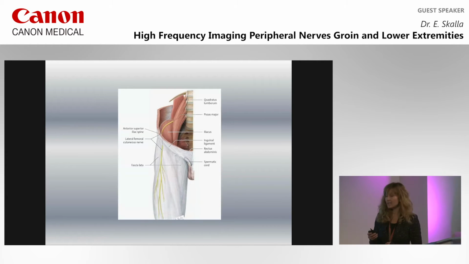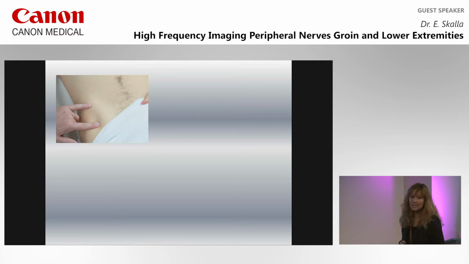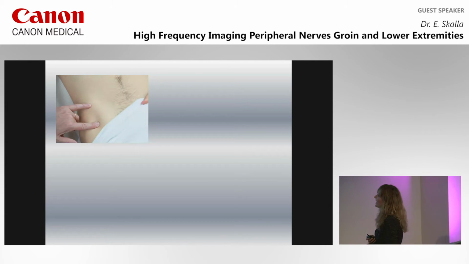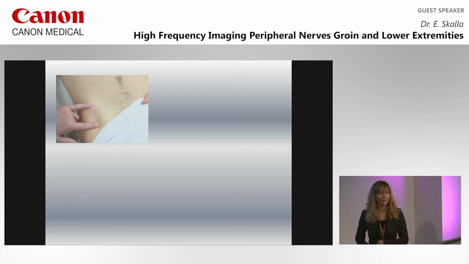It's a purely sensory nerve. In the pelvis, we could also try to see it, but it's not easy and it's not asked for very often. As external landmarks, the anterior superior iliac spine is very prominent in this region.